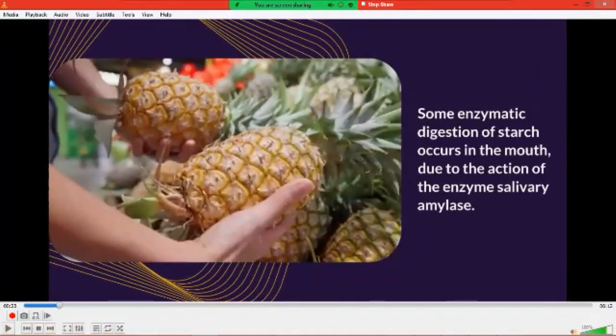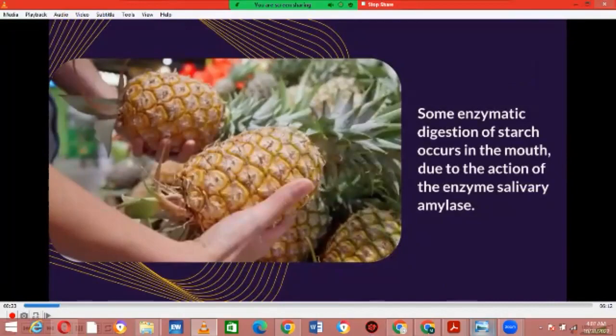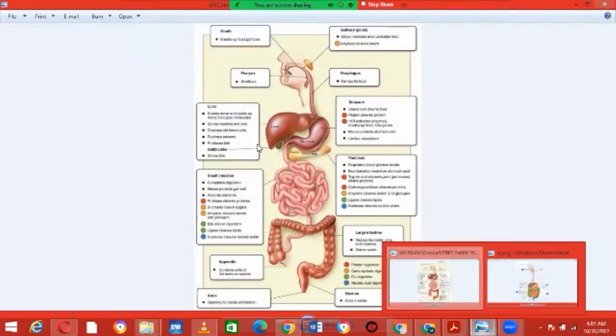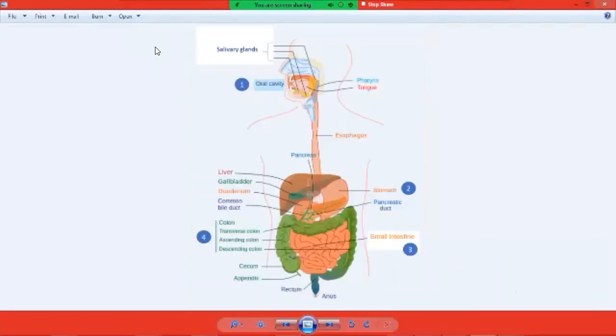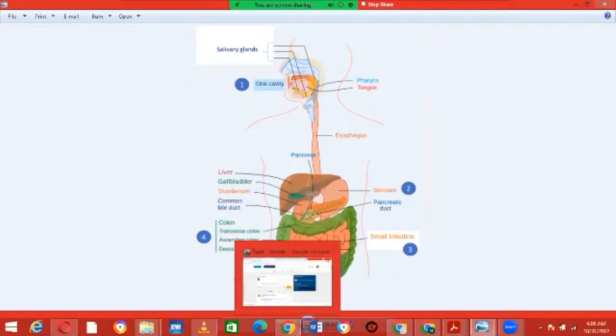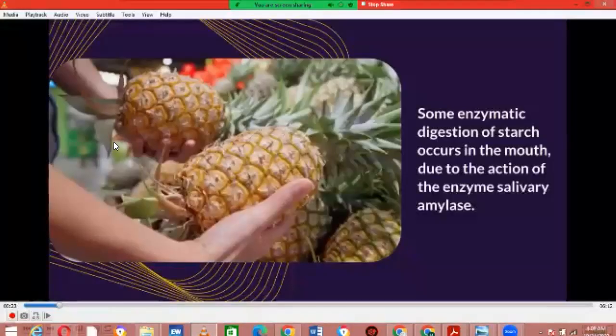I think I showed you the salivary gland. This is the salivary gland. Let me use the other picture for you. This yellow one, these are the salivary glands. I think we should move on.